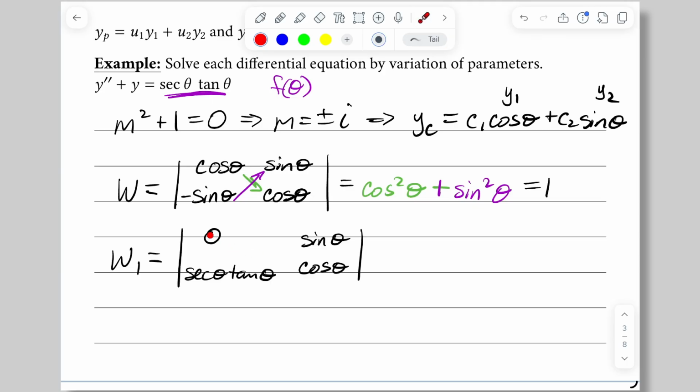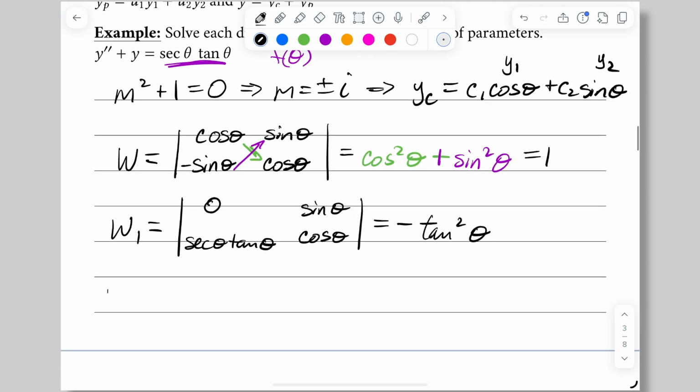And then we're going to multiply upper left by lower right and get 0. And subtract, so negative, lower left times upper right. Secant of theta, tangent of theta, sine of theta. If you break everything down into sines and cosines and then repackage it, you'll find that that is the tangent squared of theta.